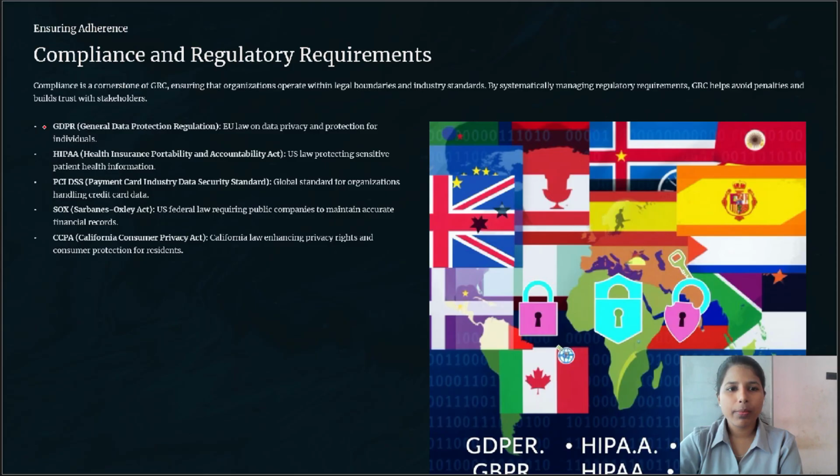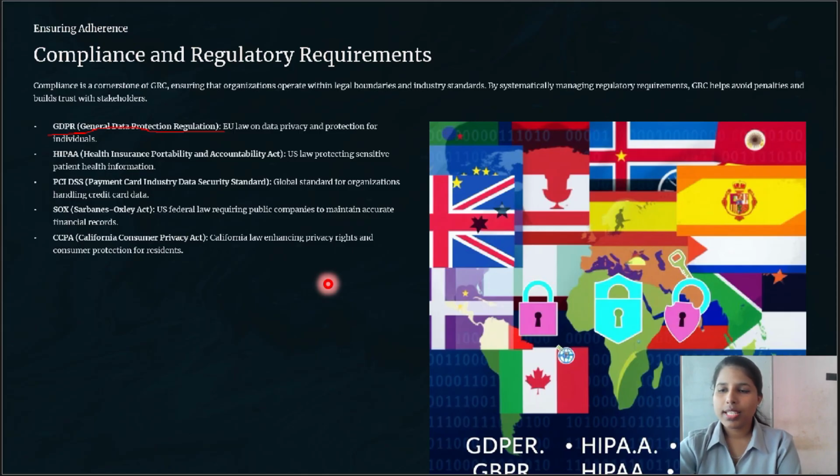The first one is GDPR, the General Data Protection Regulation. It's a European Union law focused on data privacy and security. Its main aim is to give individuals more control over their personal data and standardize data protection across Europe.